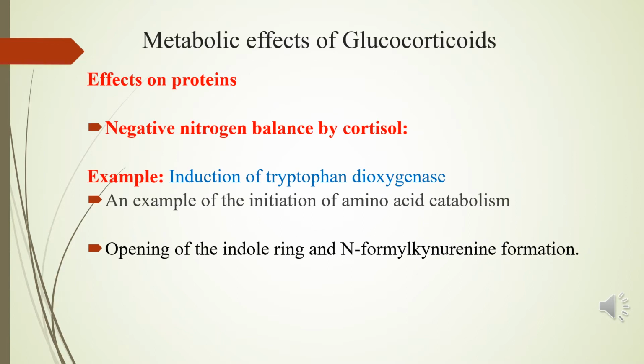First, we have the problem of the negative nitrogen balance induced by cortisol. Cortisol is one of the glucocorticoids produced by the suprarenal gland or may be used therapeutically as a drug.